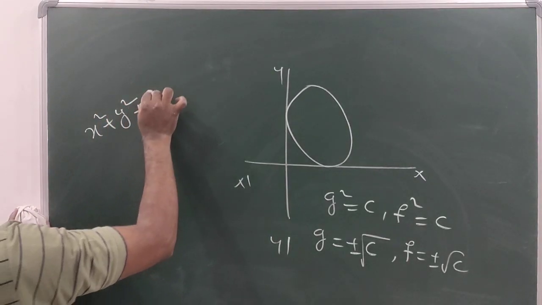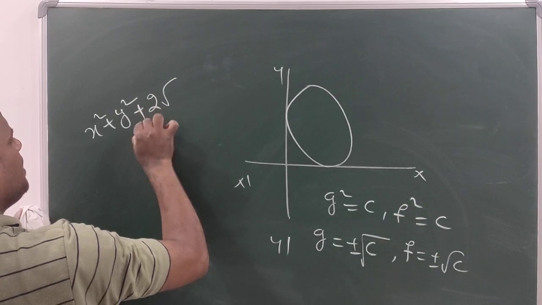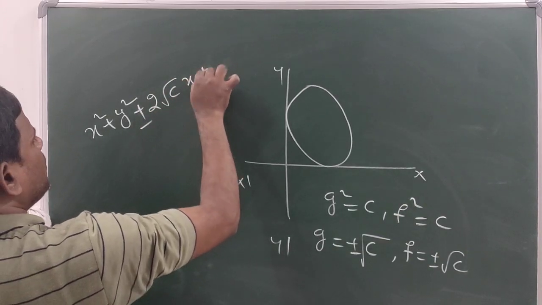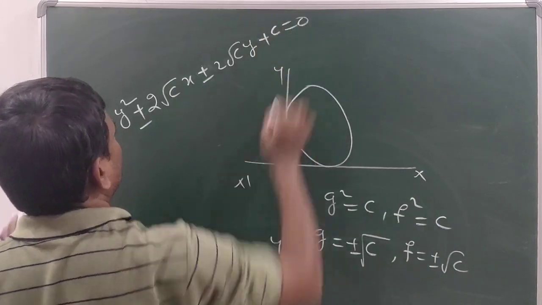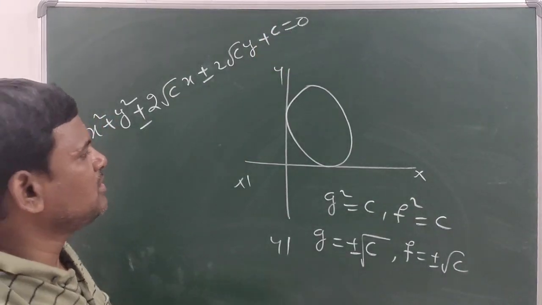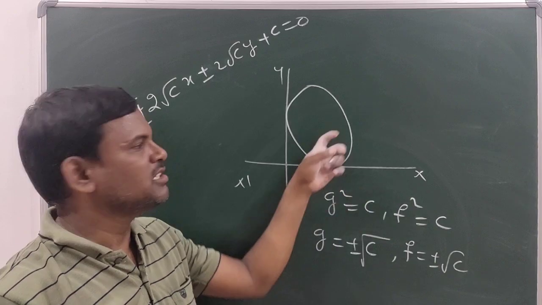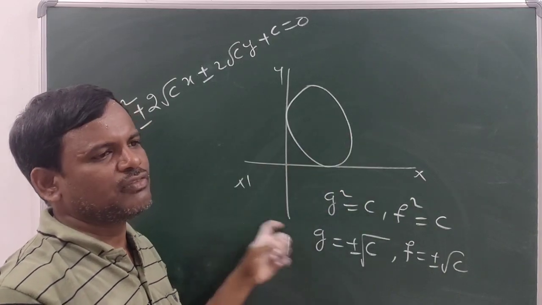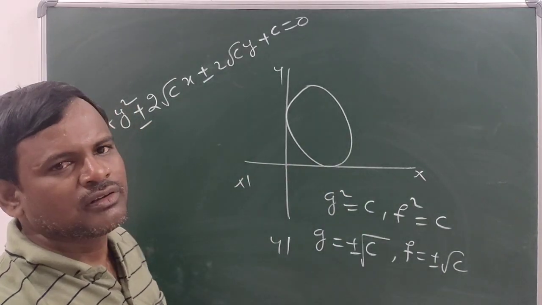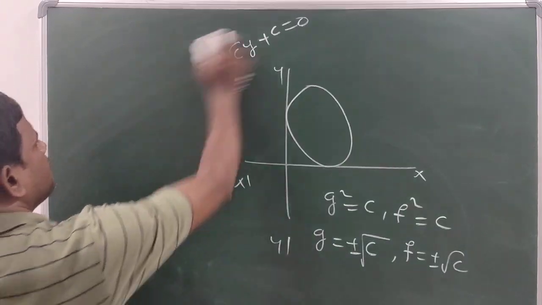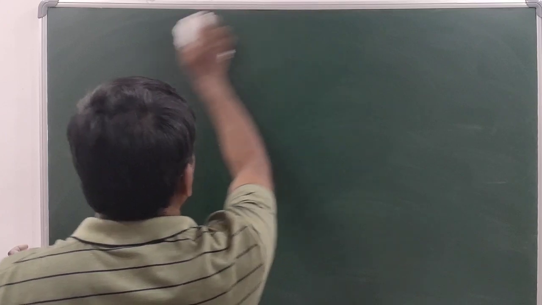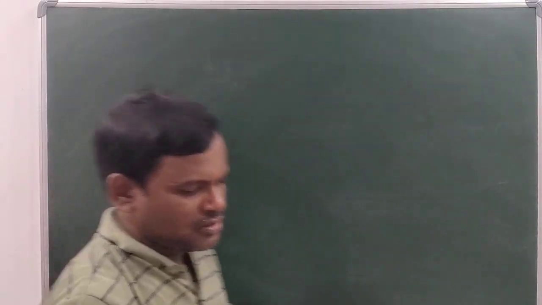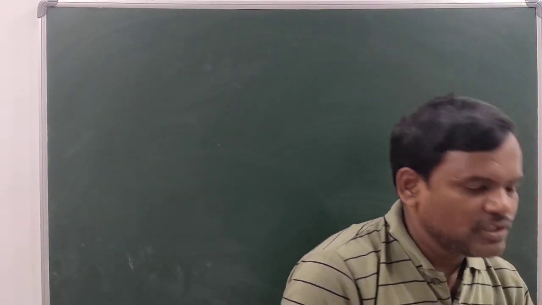X square plus y square plus 2 into g value, here plus or minus root c, x plus or minus 2 root c, y plus c, which is equal to 0. Okay, that circle may touch both the axes in the first quadrant or second or third or fourth. Okay, na? Right. Next, see, suppose, see here.